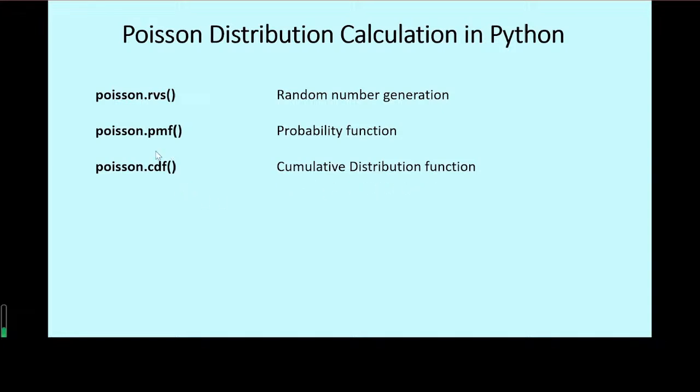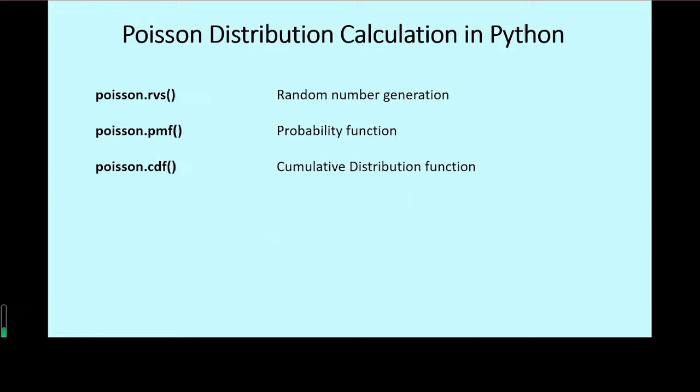This is used to calculate the cumulative probability up to this discrete number. For example, we want to know the probability of occurring 0, 1, 2, 3, 4, which is the total probability of these occurrences during a specific time period.